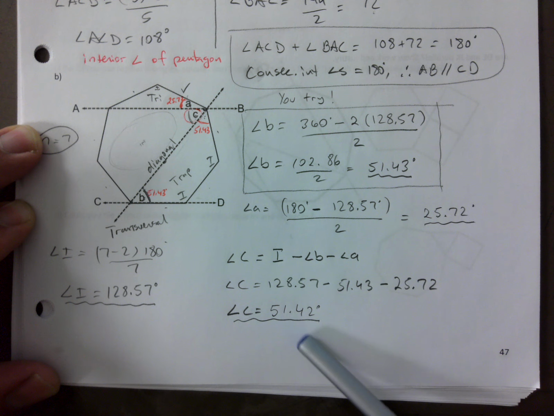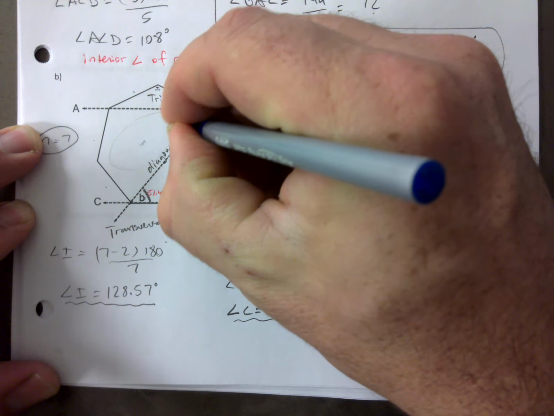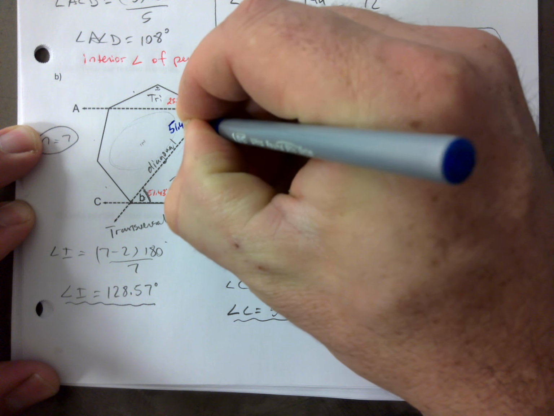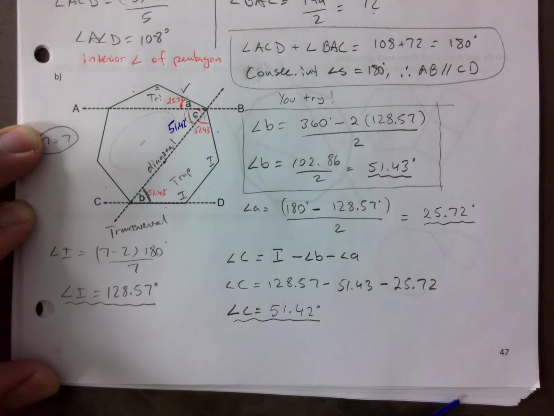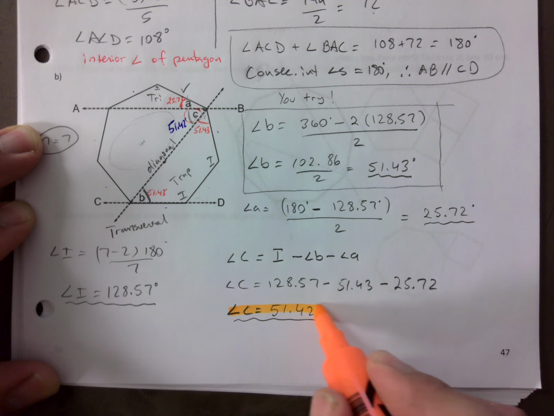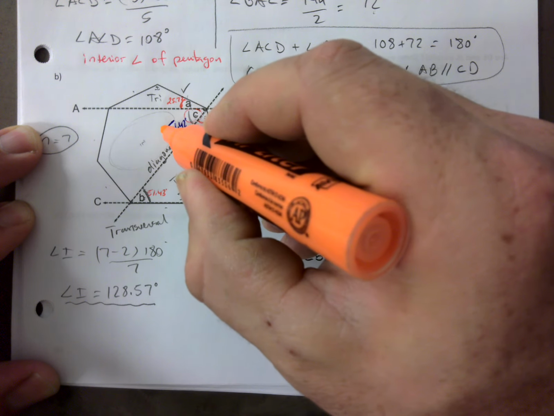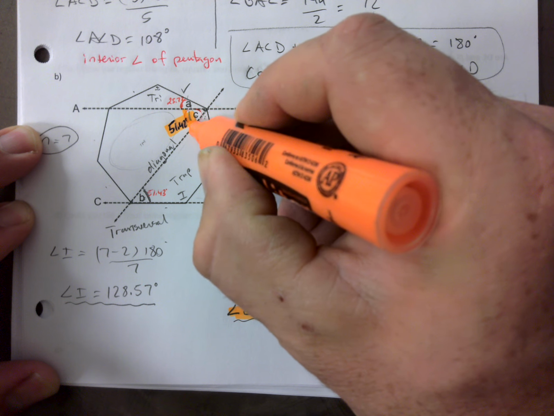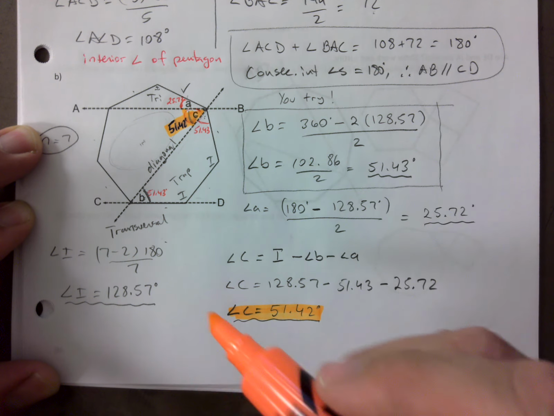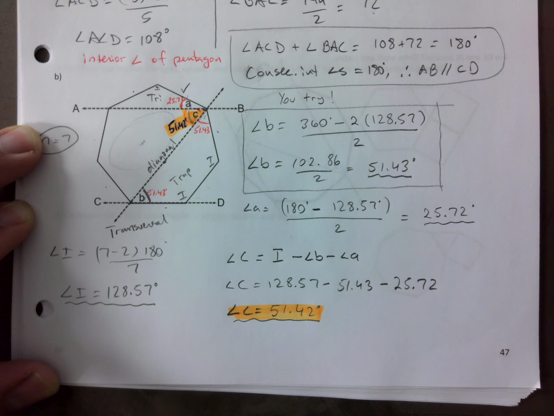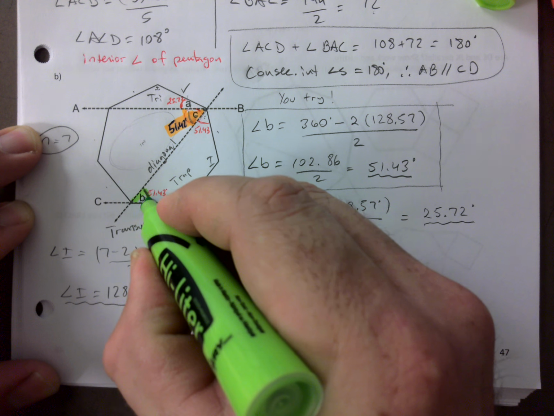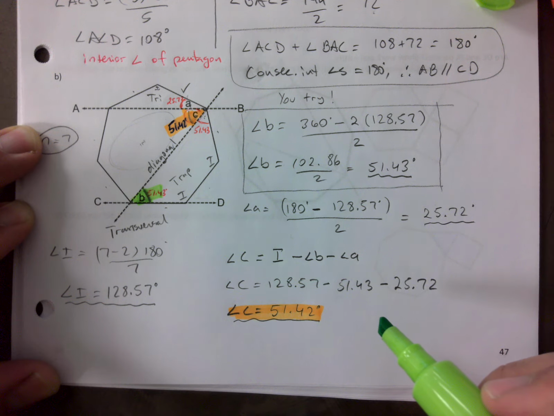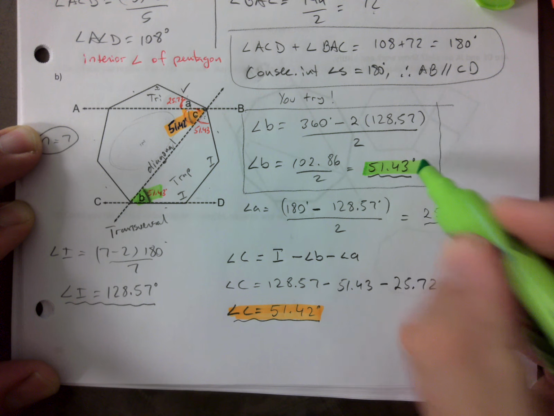I'm going to go blue with this one. 51.42. And I'll highlight that one because that's the last piece that I need. So this angle is right here. Okay, that whole thing. And the other one, use a different highlighter. Use green for this one here. This is another important angle here. And I found that right there.